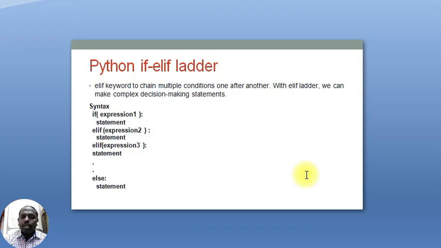If expression 1 fails, it goes to expression 2 and checks; if true, statement 2 is executed. Otherwise, if it fails, it comes to expression 3. If 3 also fails, it comes to the else statement. This is the way Python if else ladder execution works.